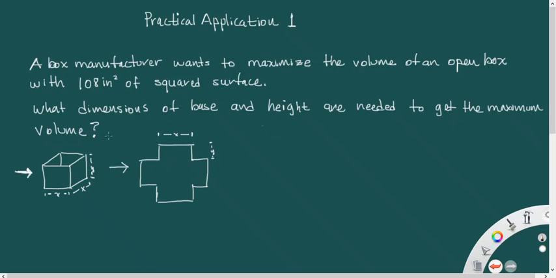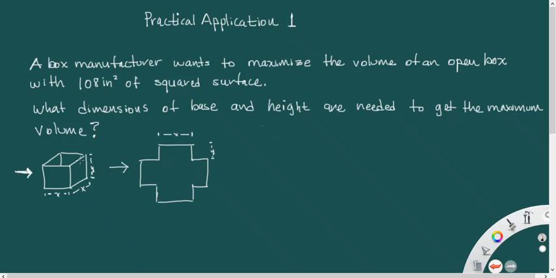And this guy who is going to build this box wants to maximize the volume using only this amount of material. So the question is, what dimensions of the base, in this case the base is x, and the height is noted as y, are needed to get the maximum volume.